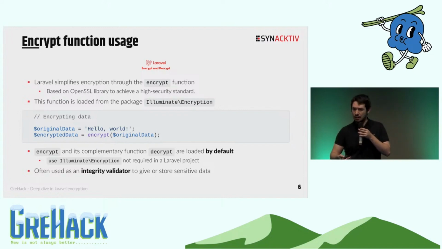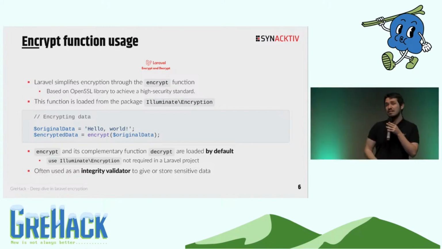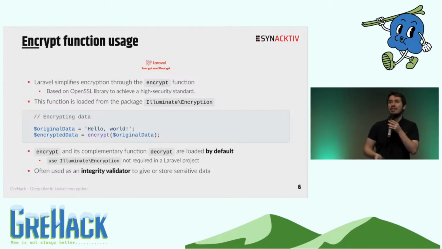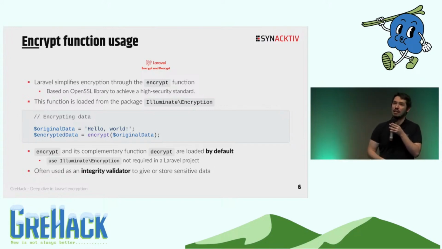So it's pretty useful and dangerous. We will see why just a little later. Often, Laravel encryption is used as an integrity validator. So user data will often be used with the encrypt and decrypt functions from Laravel.